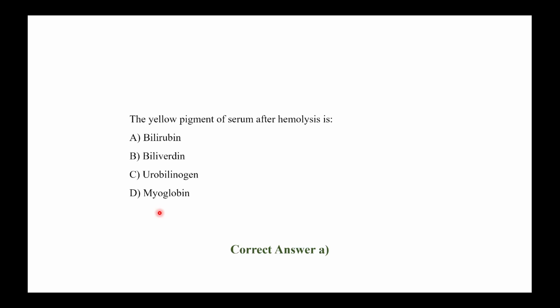The correct answer is option A, bilirubin. So bilirubin is present in the serum, and it gives the yellow color to the serum. If you have seen the serum separated from blood in any of the class experiments, you would have seen that yellowish color, and that yellowish color is due to the presence of bilirubin.